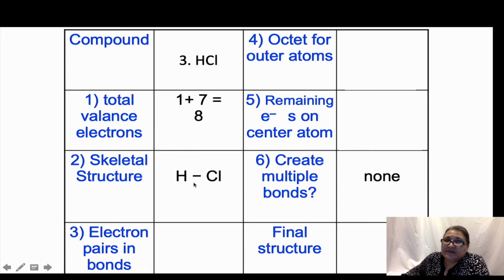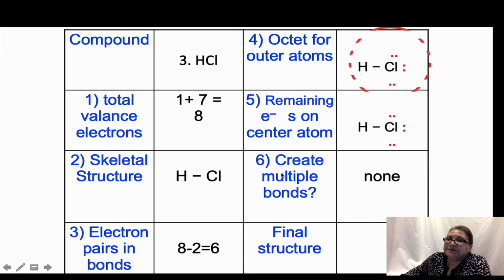Draw the skeletal structure, we just connect them. And we subtract what we connected with, which is 2, so 8 minus 2 is 6. So all these dots are going to go around chlorine. So 1, 2, 3, 4, 5, 6, 7, 8. So that's the final structure.